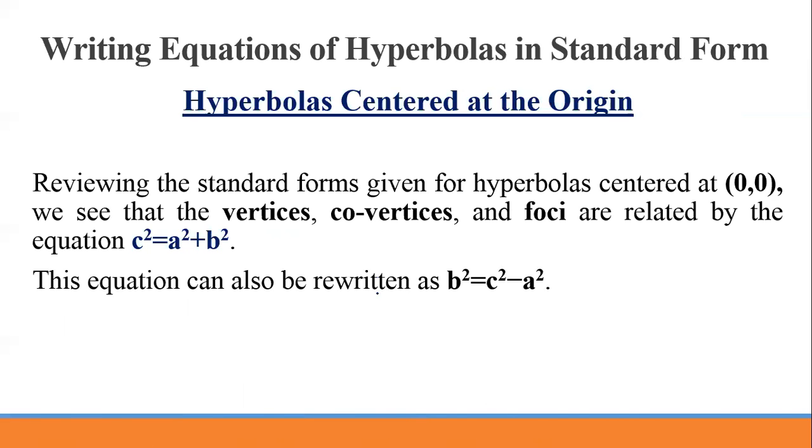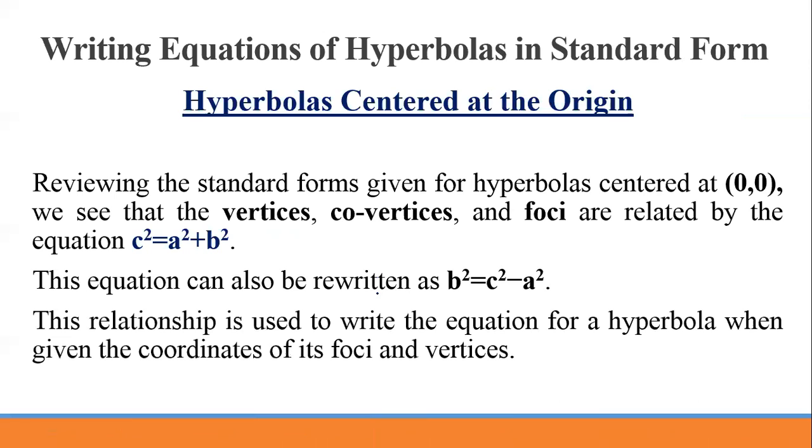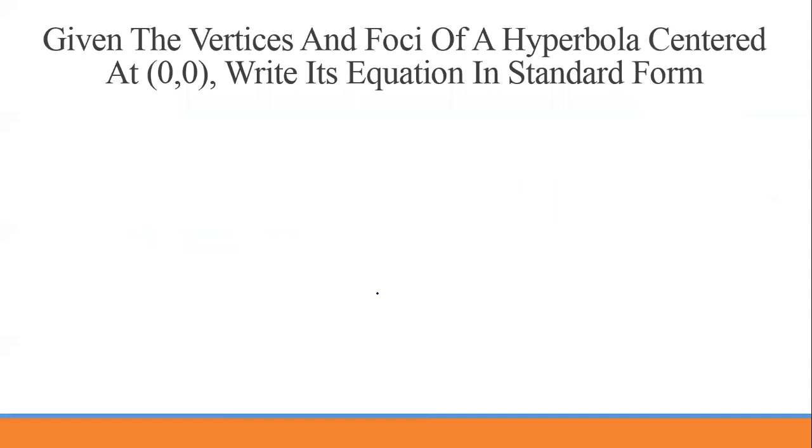So this relationship is used to write the equation for a hyperbola when given the coordinates of its foci and vertices. So, paano? Given the vertices and the foci of a hyperbola centered at 0, 0, write its equation in standard form. Alright, so how?